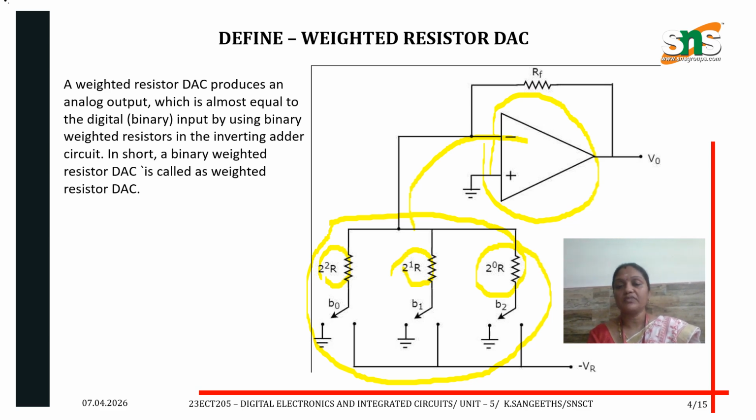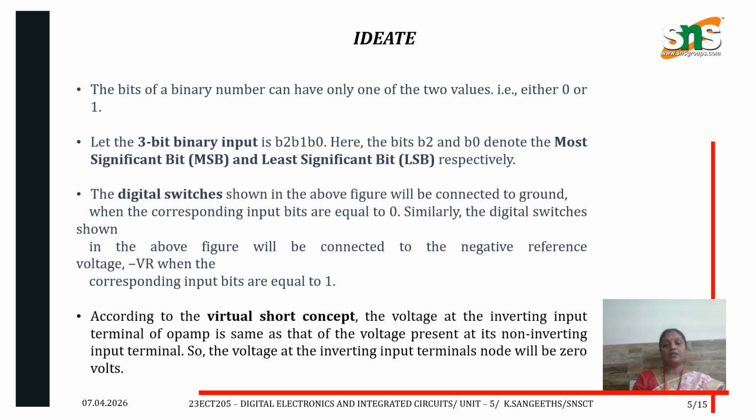The binary bits of a binary number can have only two values, either 0 or 1. For example, consider a three-bit binary input. The circuit is designed for three binary inputs, that is B2, B1 and B0.